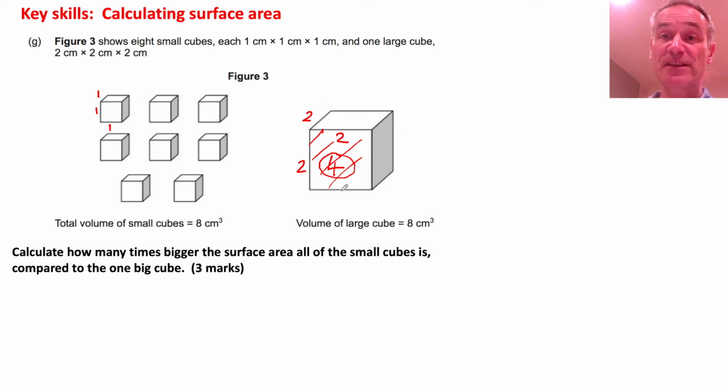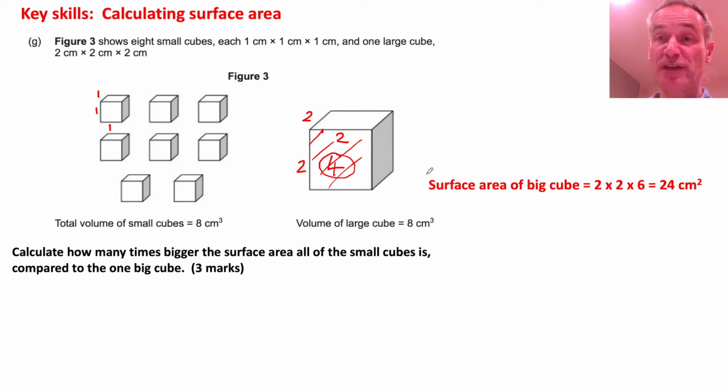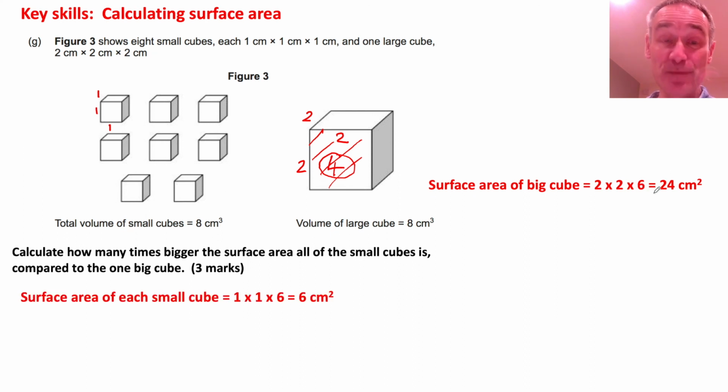So altogether, the surface area of the big cube will be 2 times 2, the area of one face, times the 6 faces, which is 24. And the surface area of each small cube is going to be 1 times 1, which is 1, and you've got 6 faces, so that's 6 centimetres squared.